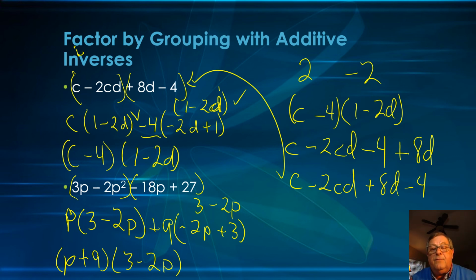We factored by grouping, and we got additive inverses as part of our factoring. We have to get a common factor from each group. That's our goal, and then we can put the two together and we will have the factors of a polynomial with 4 or more terms by grouping.